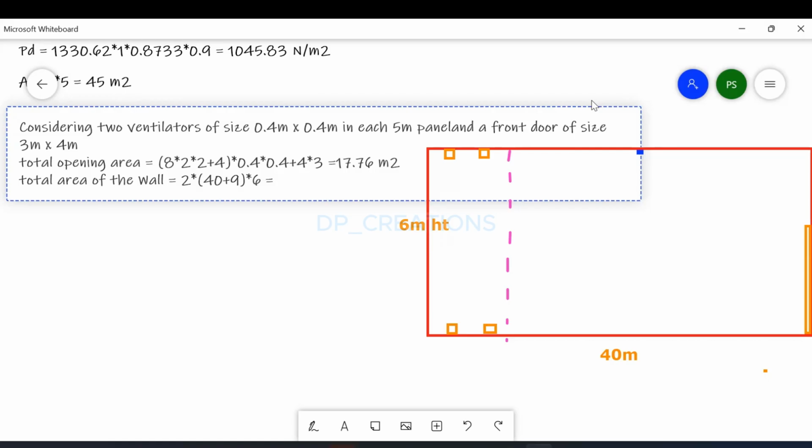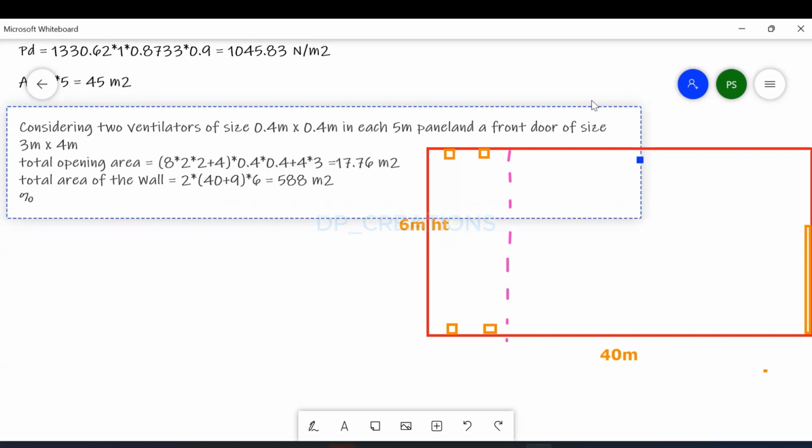So total percentage opening equals to 17.76 by 588 into 100. How much? 3.02%.